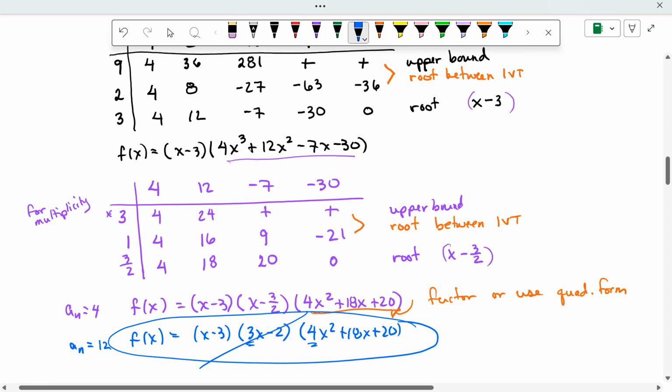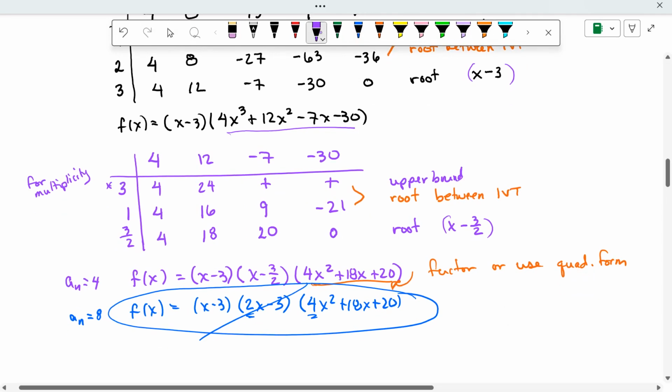If you are going to multiply, oh, I wrote that backwards. This is 2x minus 3. So this would have a leading coefficient of 8. I did the converting backwards. The way to keep that a polynomial, you could say f of x equals x minus 3 times 2x minus 3.